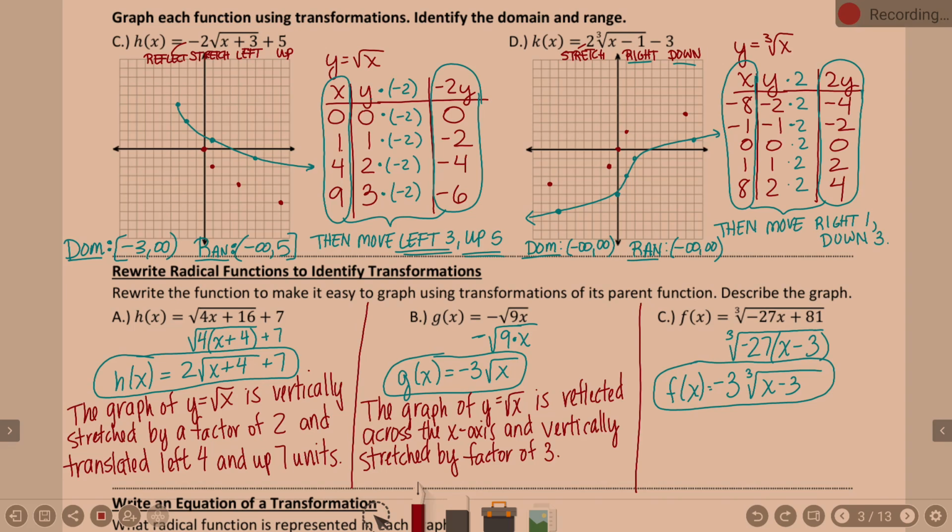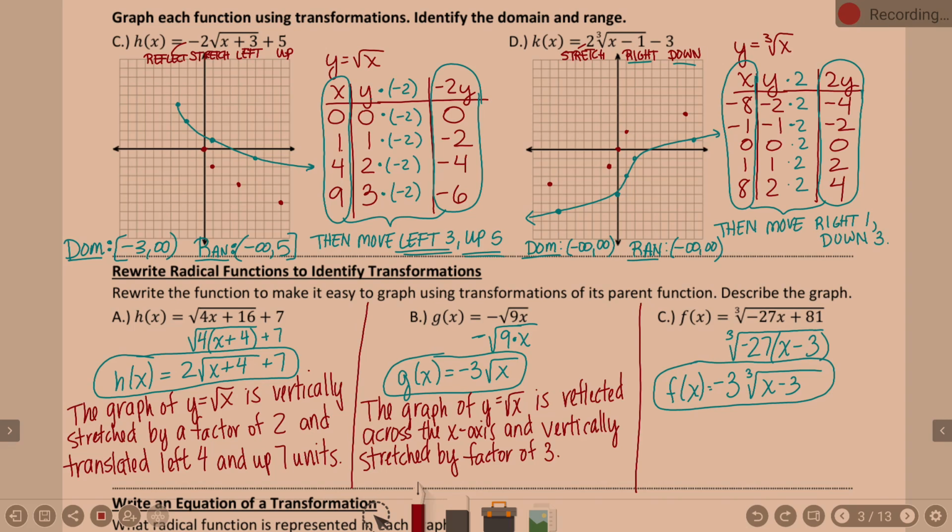What all do we need to state here? Okay. There's a reflection because there's a negative out front. Vertical stretch because it's 3. And minus 3 tells me it's under the radical, so left to right opposite sign. So right 3. And don't forget to mention what kind of graph we are starting with. Our base graph is a cube root.